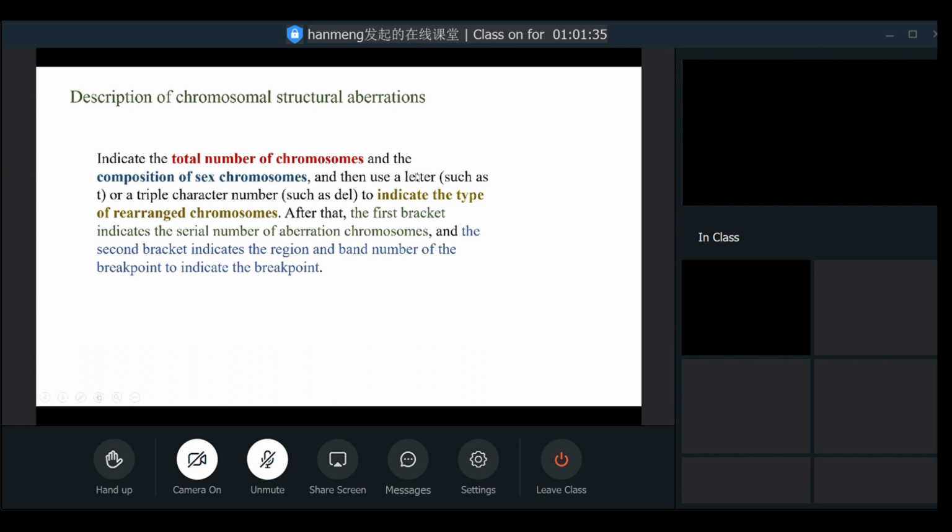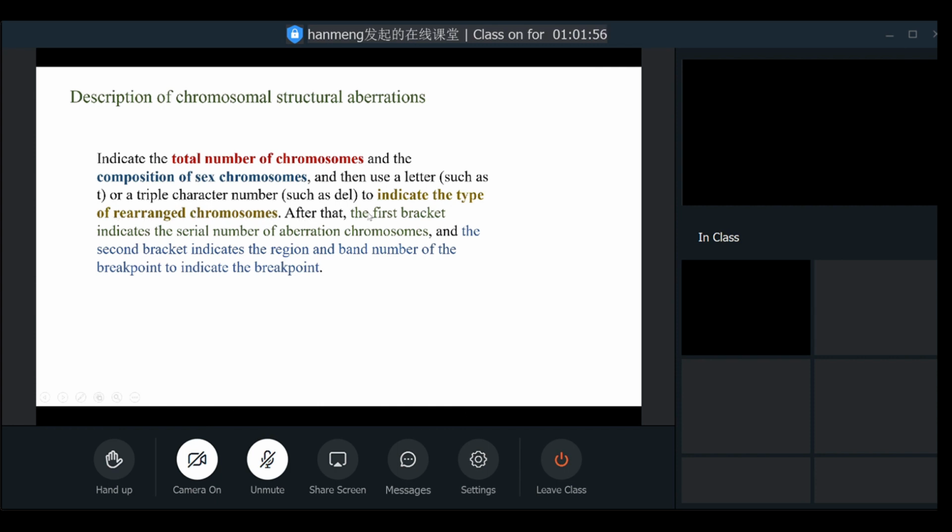Then use a letter or a three-character abbreviation, for example, t means translocation, del means deletion, inv means inversion, to indicate the type of rearranged chromosome.